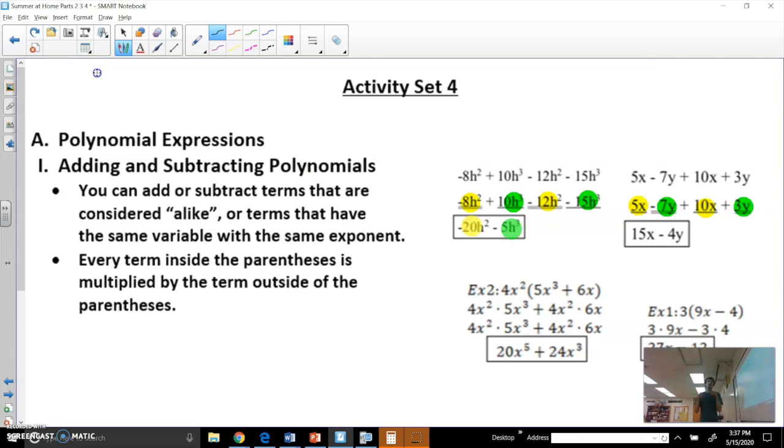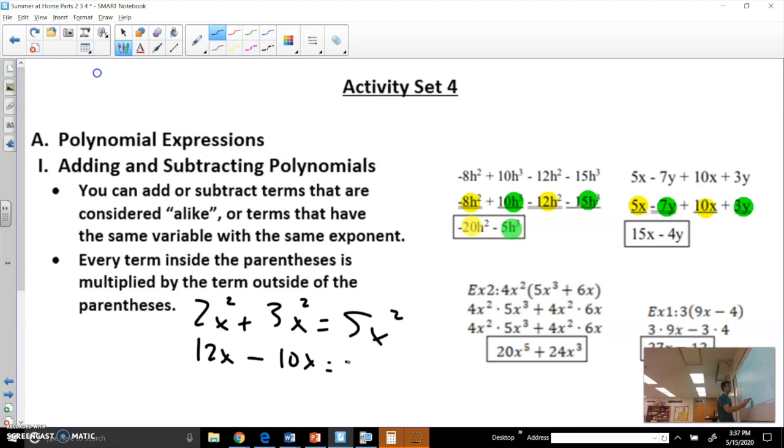Polynomials are different variables with different exponents that create different models for different ideas. Sometimes you may want to add or subtract polynomials, and a lot of times you're looking for what we call like terms. For example, 2x plus 3x is 5x, or 2x squared plus 3x squared is 5x squared. Same thing if you were subtracting: 12x minus 10x would be 2x.